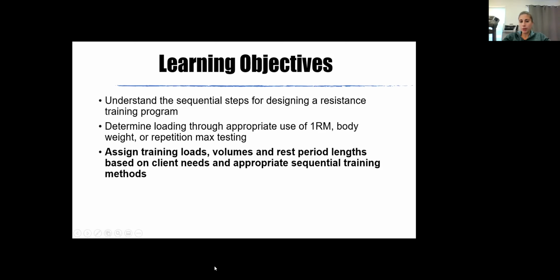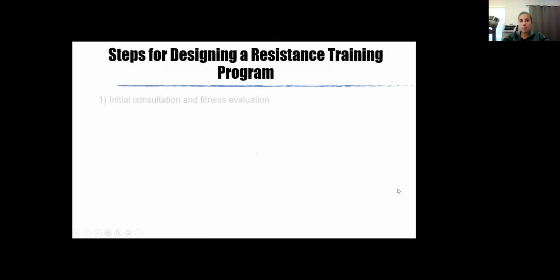We'll talk about rest periods, which we've touched on already. We'll review that again. And then we'll finish off the sequential training methods. How would we program over time and what that might look like? That's going to be more into PT2, not necessarily as much here. This is just the basics of creating a program to start someone off with.